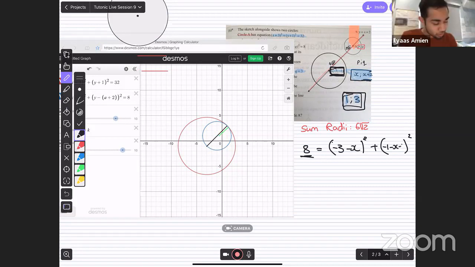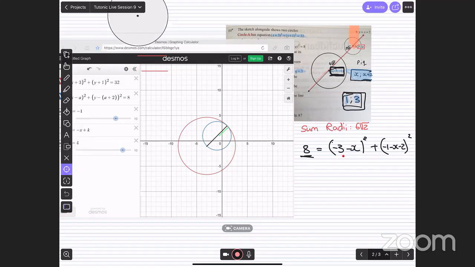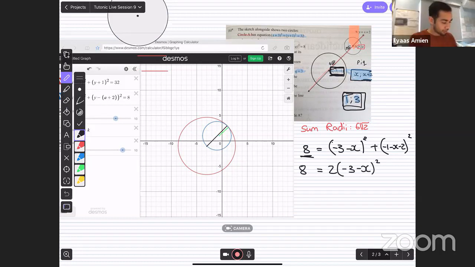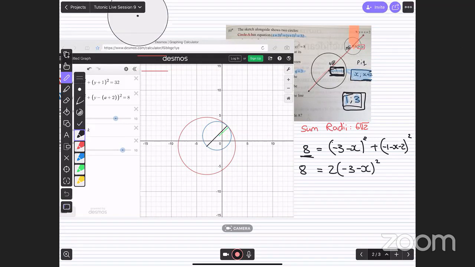Isn't that the same as what we had earlier? Yes. How did we simplify that? Simplify this. You divide everything by 2, so you'll have 4 and -3 minus x all squared.